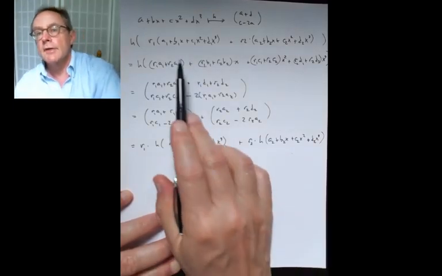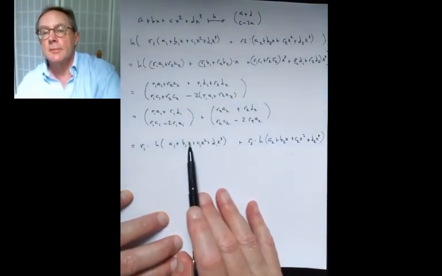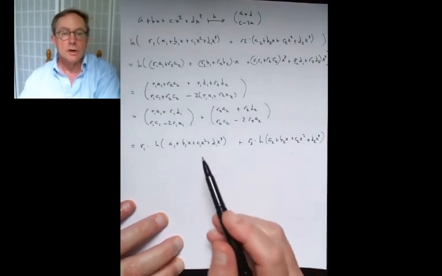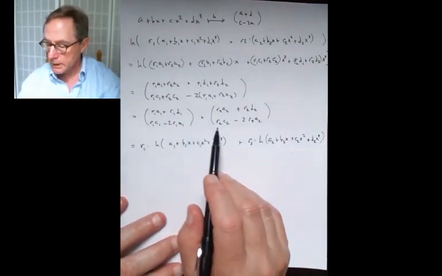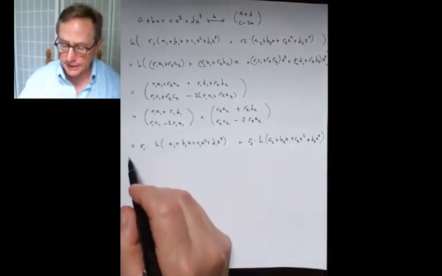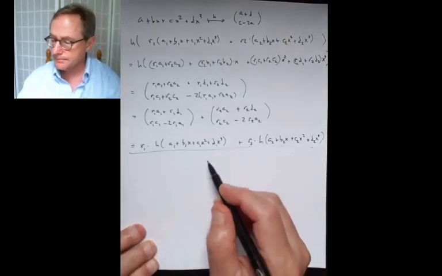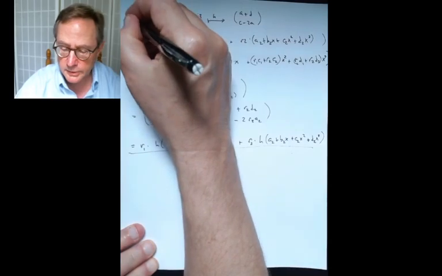Okay, so we have that h of a combination is the combination of the h's, and that's good enough to show that it's a linear map, that it's a homomorphism. Okay, so that was question number 1.